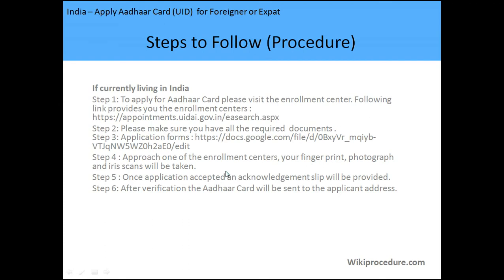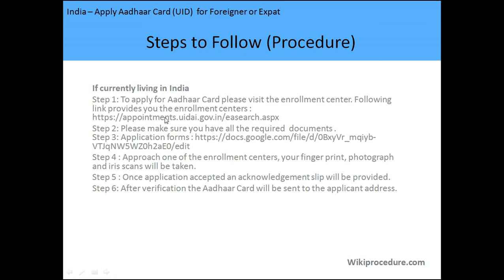Once the application is accepted, an acknowledgement slip would be provided. This acknowledgement slip has a reference number, which is a confirmation that you have submitted your application. Once the application is verified, an Aadhaar card would be sent to you.